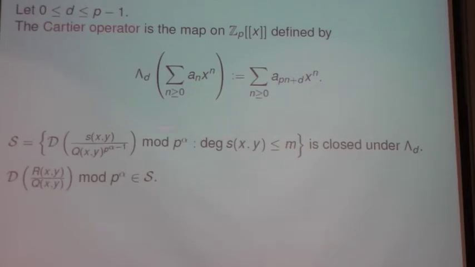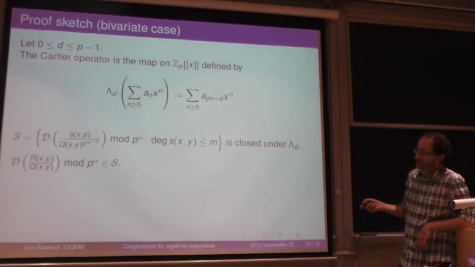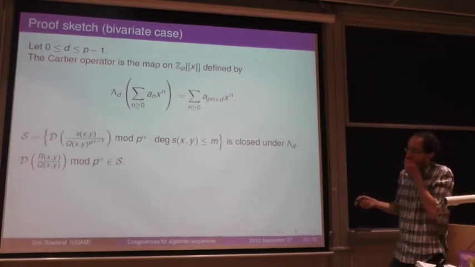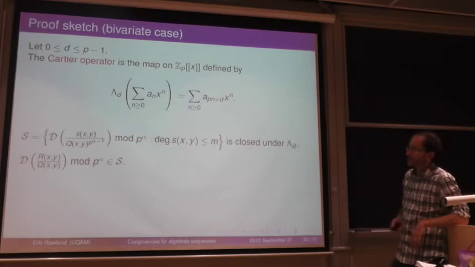And then you show that this set is closed under this Cartier operator, so that when you take any element in here and you take the arithmetic progression of its indices, you still end up with an element in here. And the initial sequence that you're interested in is in here because we can just multiply the numerator and denominator by some power of q to put it in this form. So the original sequence is in S, and S is closed under the Cartier operator.